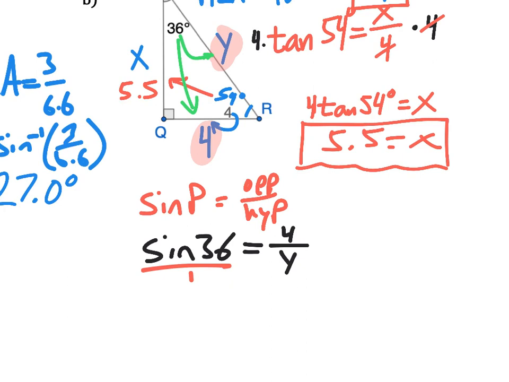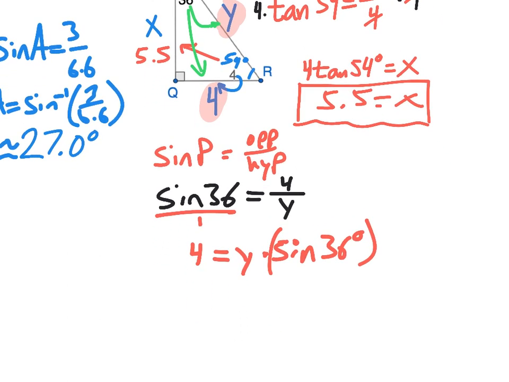If we cross multiply, we get 4 equals Y times the sine of 36. Sine of 36 is just a decimal. If you want to go punch it in your calculator, go for it, but you actually don't have to. You can leave it as sine 36 for the moment. So we have Y times that decimal, and so let's divide by sine 36.